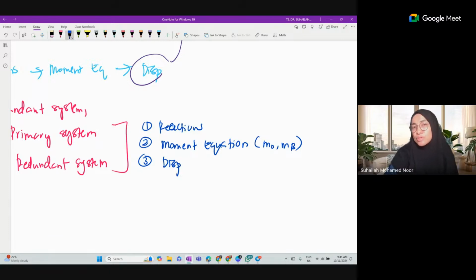If Cy is the redundant, we use MC. Dy is the redundant, we use MD. Ey is the redundant, we use ME. But to be applied to all types of problems, there will be one standard form. The standard form is actually in numbering.